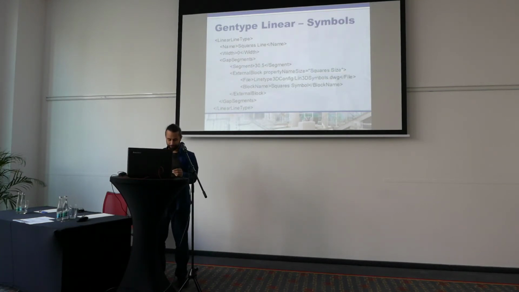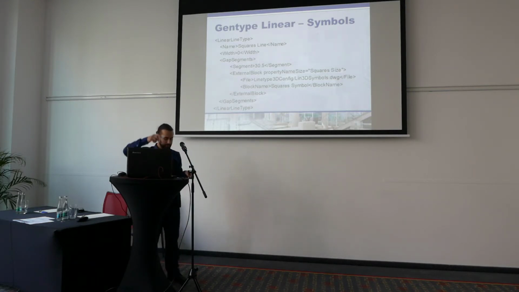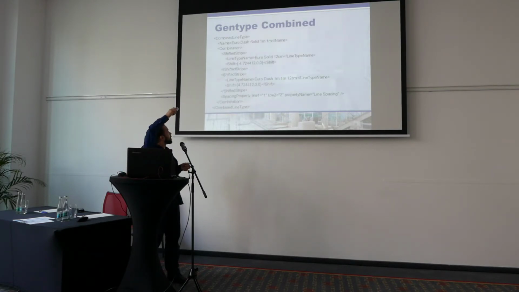Jentype Combined. Some of the line types can be presented as a combination of others. Road marking lines are a clear example of it. As you see, we define these line types by describing the line type, by defining pairs of line type and shift from baseline.